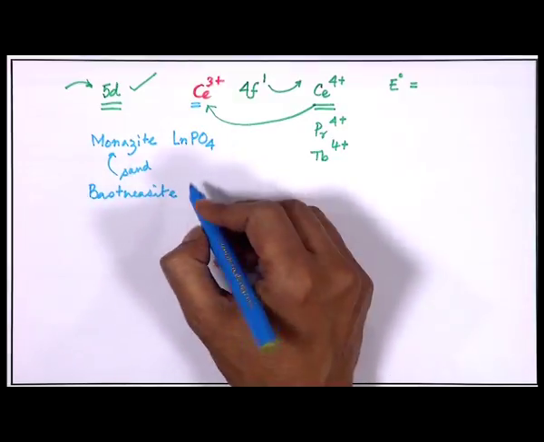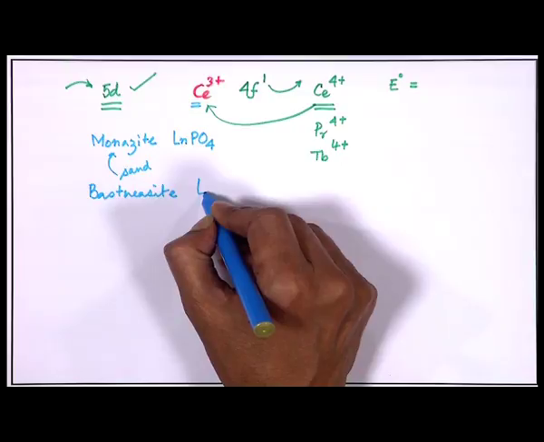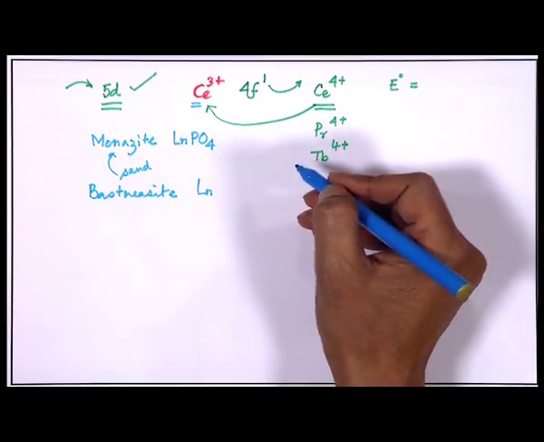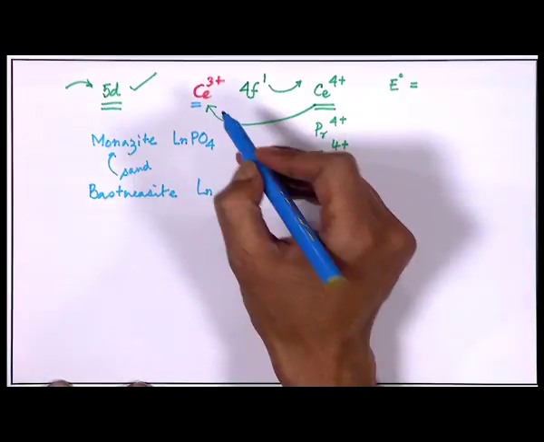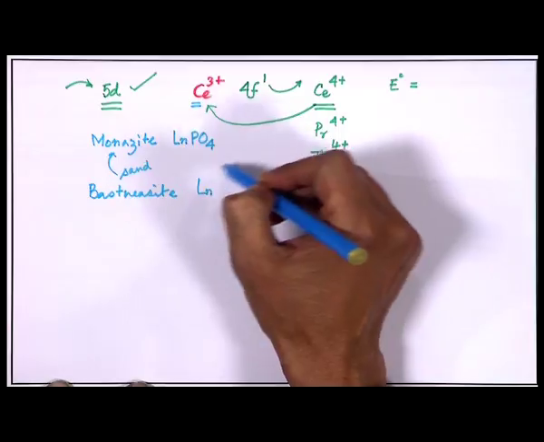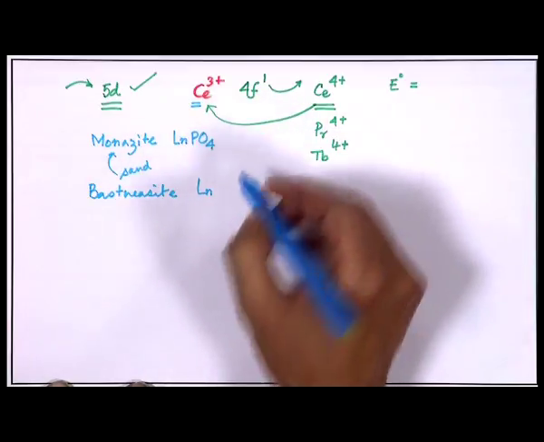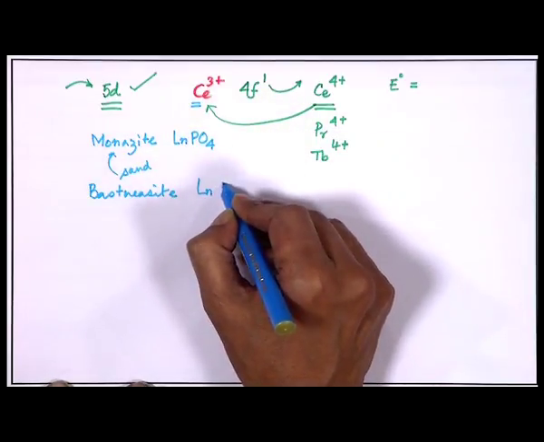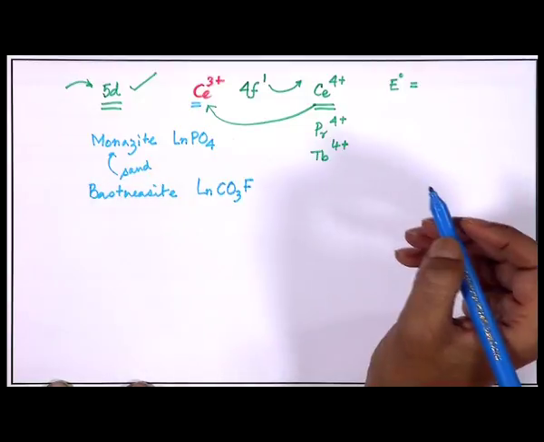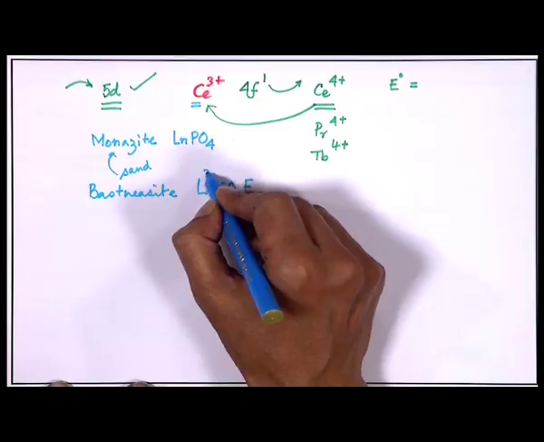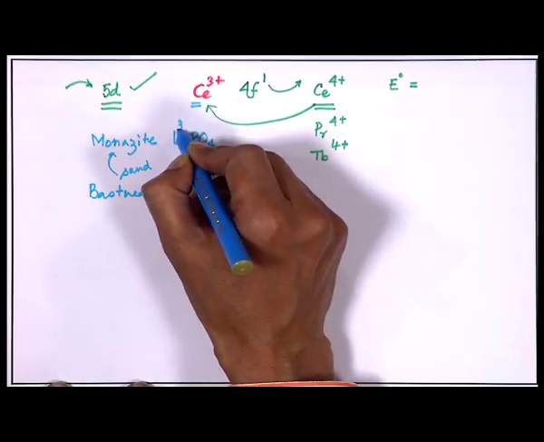So, in bastnasite, basically we have some lanthanides, and we all know that, like our d block elements, we are not restricting our metal to be the salt of the bivalent species. So, it is not a typical carbonate, but it can also be a carbonate salt along with some fluoride. So, it is 2 plus 1, 3. So, again it is 3 plus, this is again 3 plus.